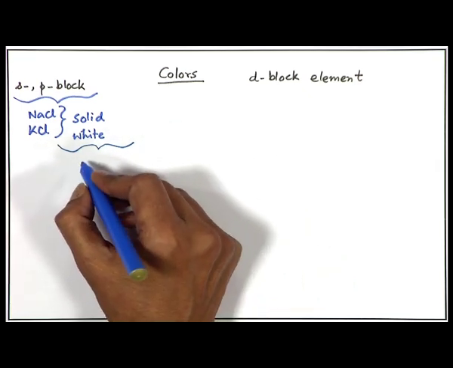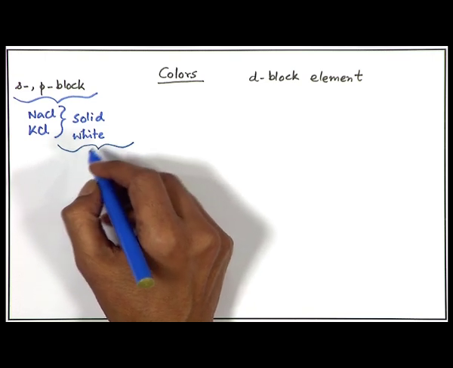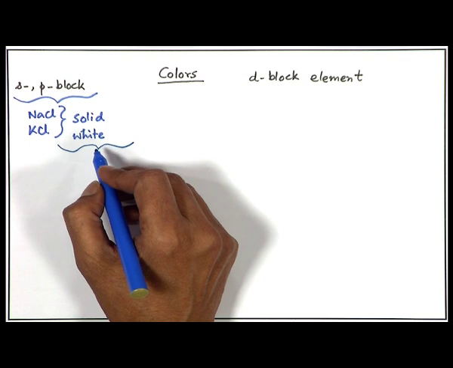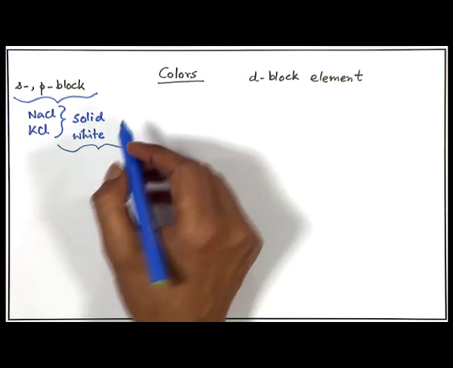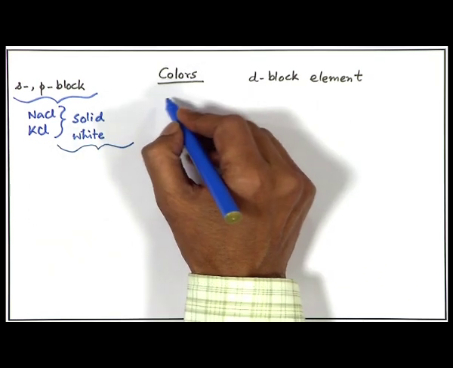If the absorption is taking place in the UV range, the color we see is white, so there is no absorption in the visible range.